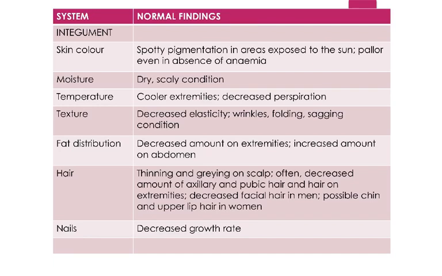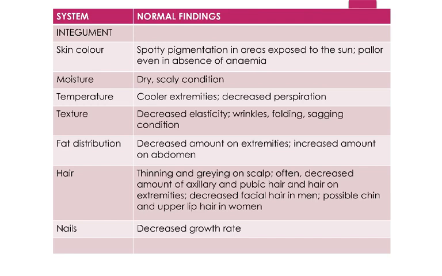So the changes to our bodies as we age are very interesting, and there's a few tables here with some information about the different systems and what changes we can expect as we get older. So from the skin, there's spotty pigmentation in areas exposed to the sun. Moisture, the skin can be dry and scaly as we age.